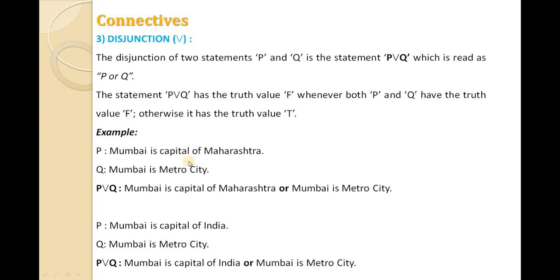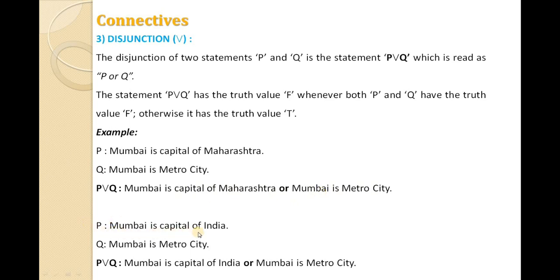Let's have the example. If P is Mumbai is the capital of Maharashtra and Q is Mumbai is a metro city, then P or Q is the statement that Mumbai is the capital of Maharashtra or Mumbai is a metro city. Now here Mumbai is the capital of Maharashtra, that is true, or Mumbai is a metro city, that is also true. That's why true or true, finally it is true.